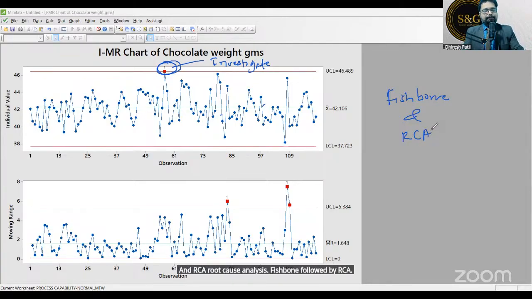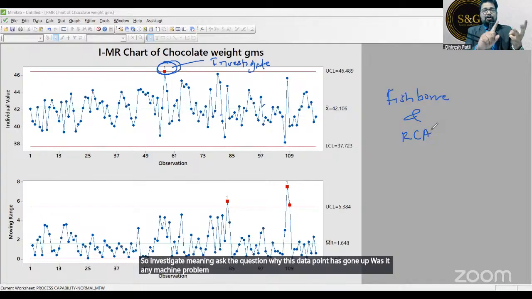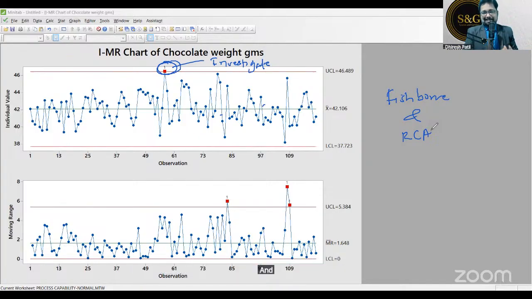Clear, everybody? So investigate meaning ask the question why this data point has gone up. Was it any machine problem? Material problem? Man problem? Measurement problem? What exactly is the problem? And go for root cause analysis.